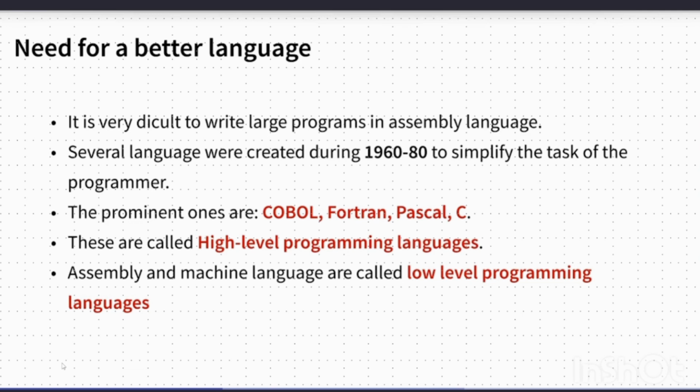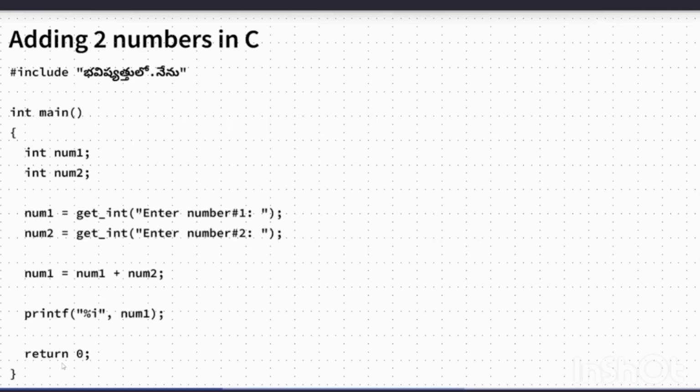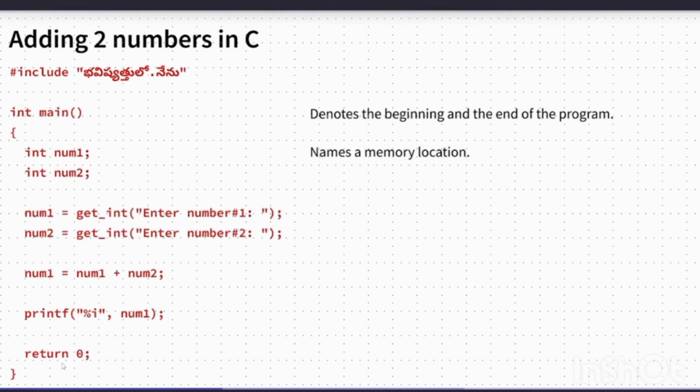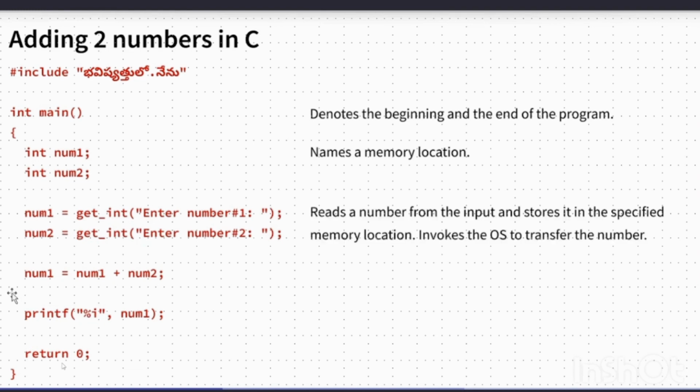Now let us see a simple basic C program. Here, int main denotes the beginning and the end of the program. In C, num1 and num2, as we have seen in the functional units, name memory locations. This is the way we name a memory location for num1 and num2. Get int reads a number from the input and stores it in the specified memory location.